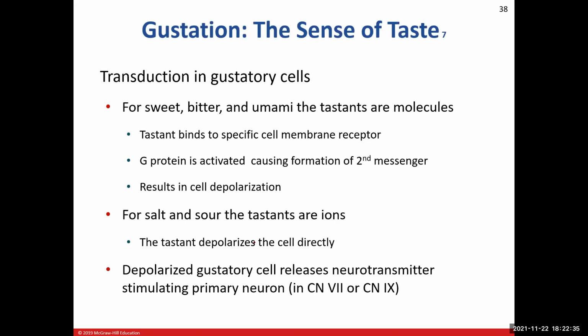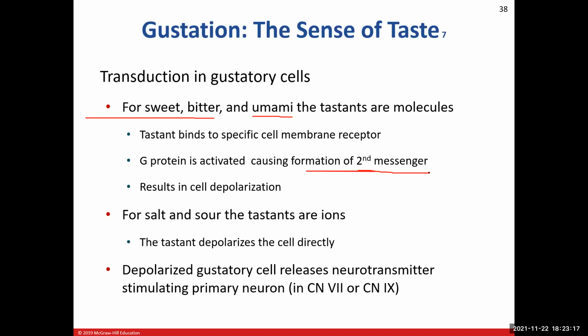Well, when we're dealing with sweet, bitter, and umami tastings, we are going to utilize the secondary messenger system. That means that these tastings are going to bind onto the receptors on our gustatory cells, and they're going to trigger the activation of the G protein. The G protein is a protein on the inside of the cell. That in turn will then stimulate an enzyme that will activate the opening of cation channels.